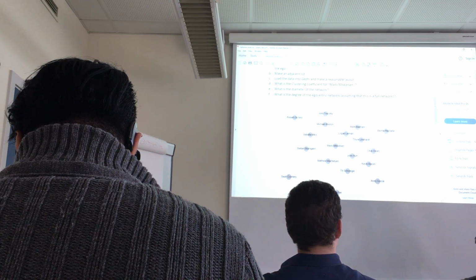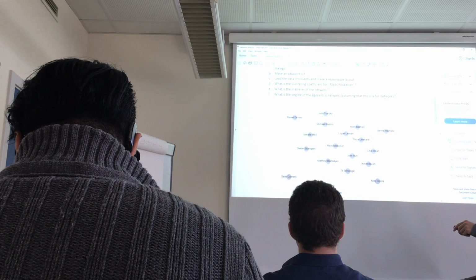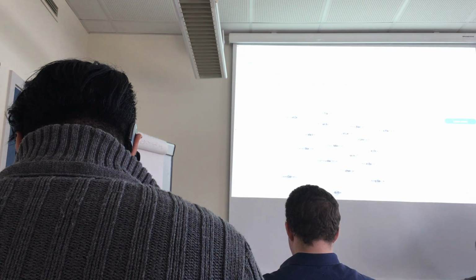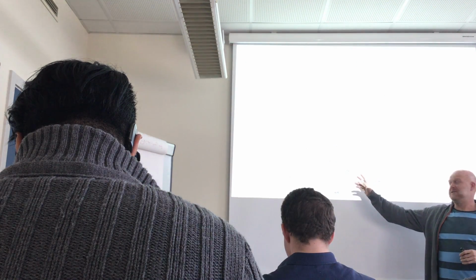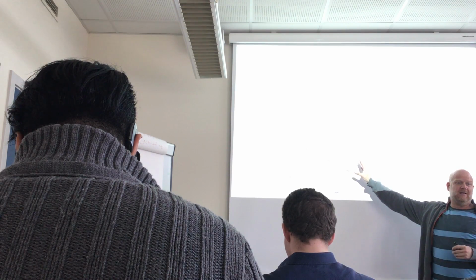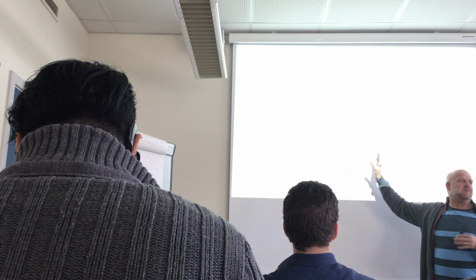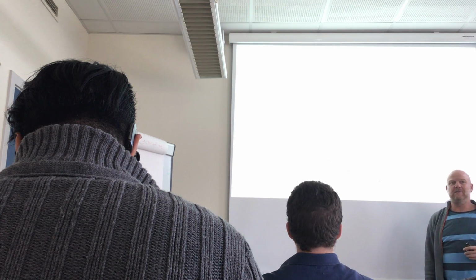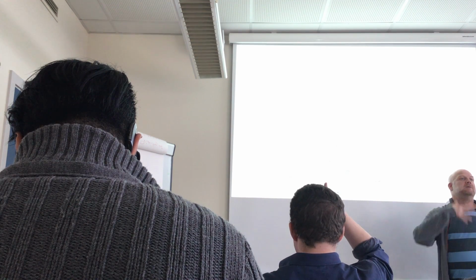So we go here, 1, 2, 3, 4, 5, then 1, 2, 3, 4, then 1, 2, 3, 4, 5, 6, something like that. But as you can see, as soon as it gets to just this size, it becomes difficult to figure out by just looking at it. So we need some tools.